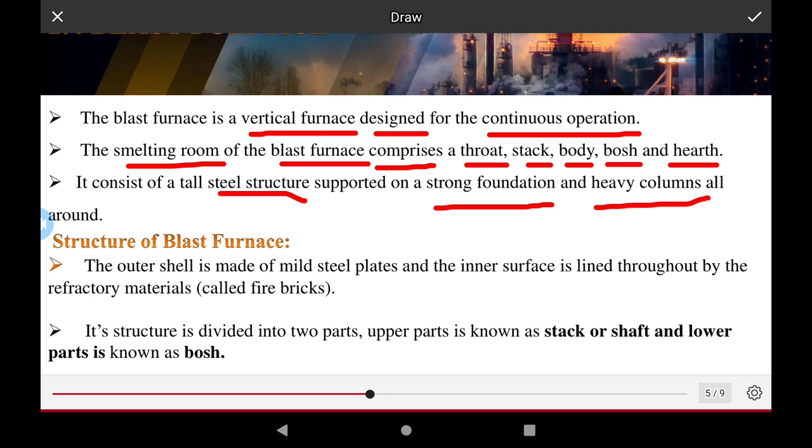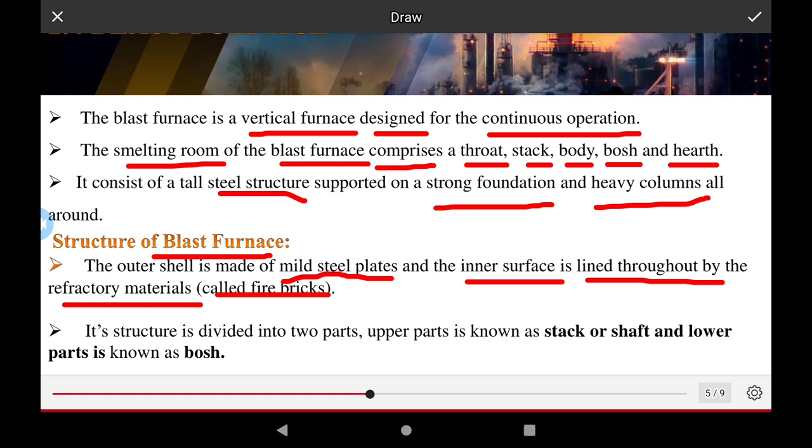Structure of the blast furnace. The outer shell is made of mild steel plates, and the inner surface is lined throughout with a refractory material called fire bricks.